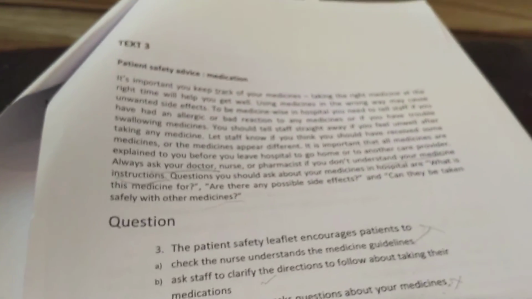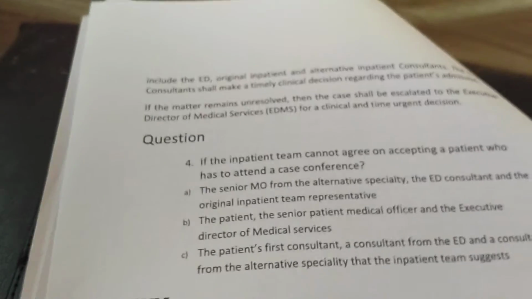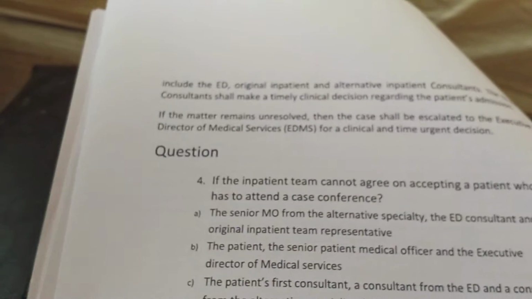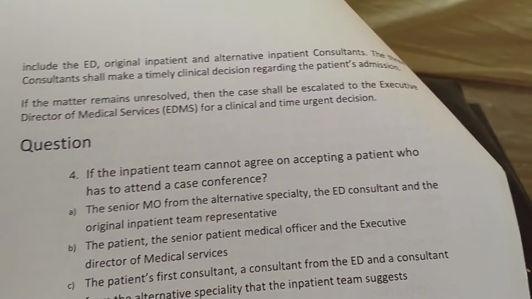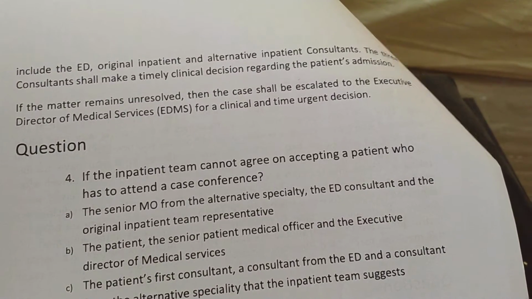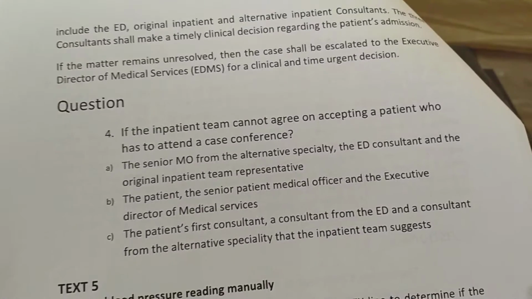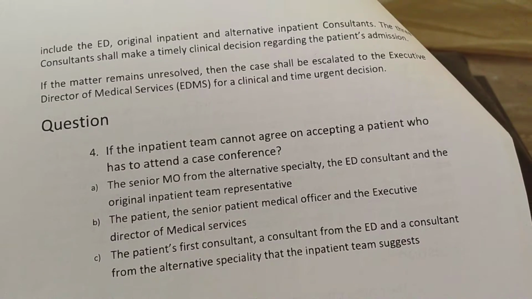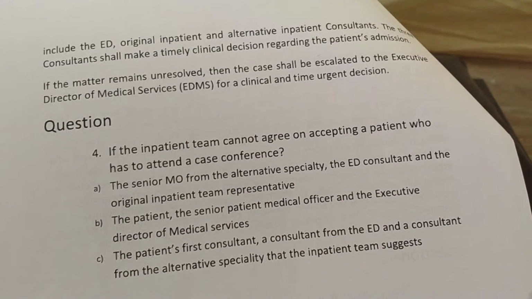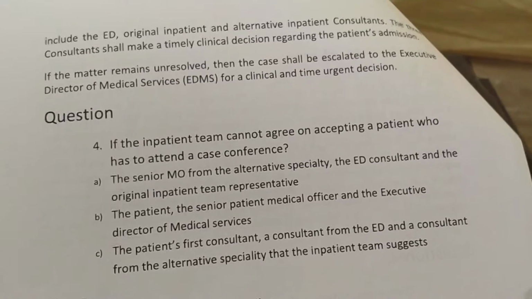So let's solve the fourth one. The question is, if the inpatient team cannot agree on accepting a patient who has to attend a case conference, what do they have to do?